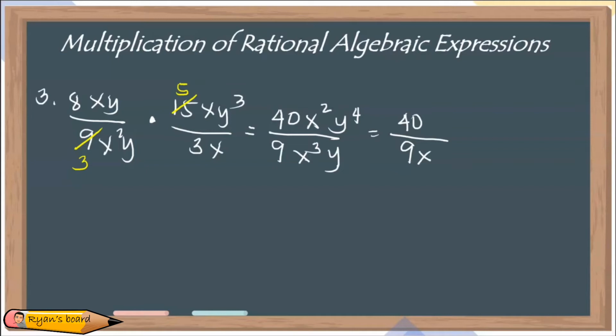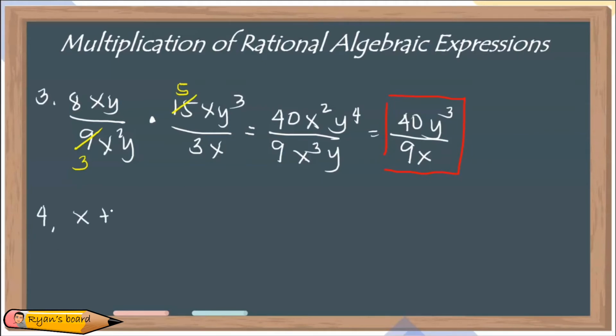Now, yung y naman, saan natin ilalagay? Sa taas. Since mas malaki ito, no? So, 4 minus 1, kasi may 1 dito, that's 3. So, that's our answer. Our answer is 40y cubed over 9x. Okay? Now, how about if our given is like this?